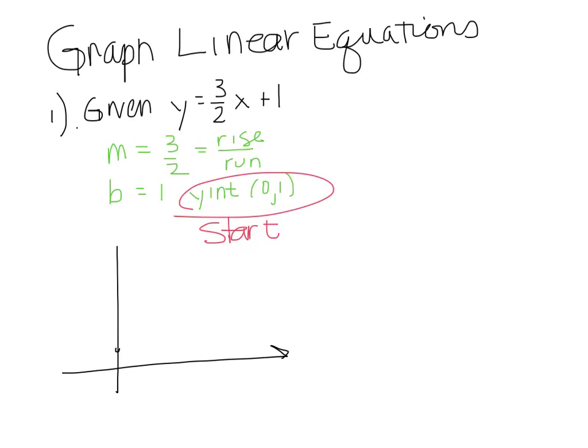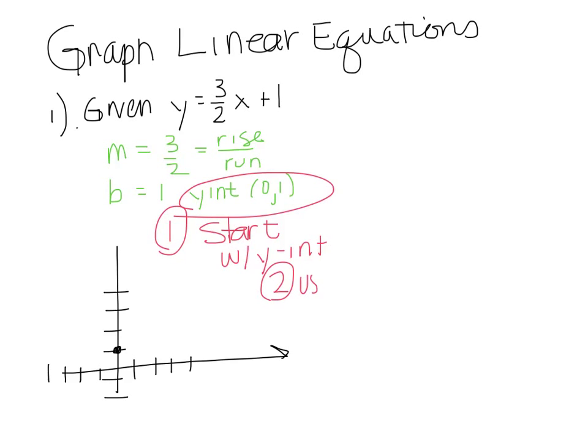So 0, 1, you go right here, 1, 2, 3, and 4. Okay, let's get some grids on there. And then we're going to take a look. So number 1 is to start with the y-intercept.